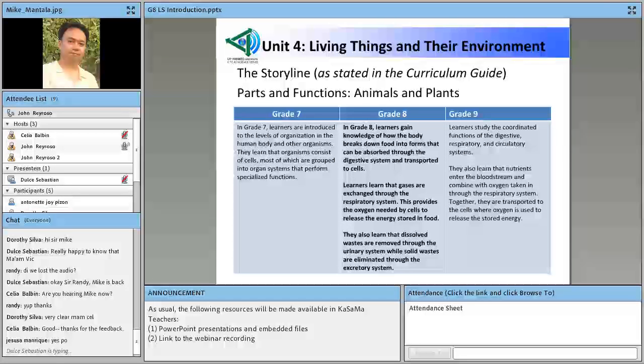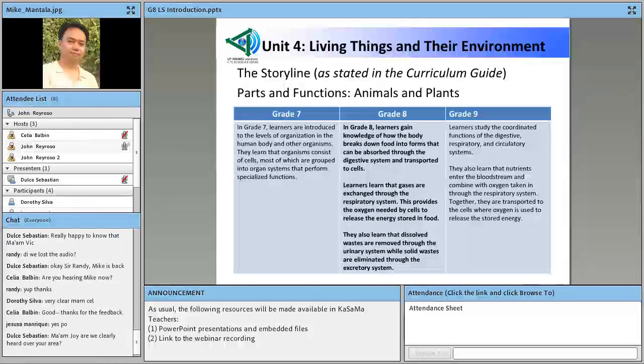So these are actually just like the dark lights on the stage, where the brightest light is focused on just one organ system, the digestive system. Now these dark lights on the stage, which are represented by the respiratory system and the circulatory system, get their turn in grade 9, when they get the brightest light.